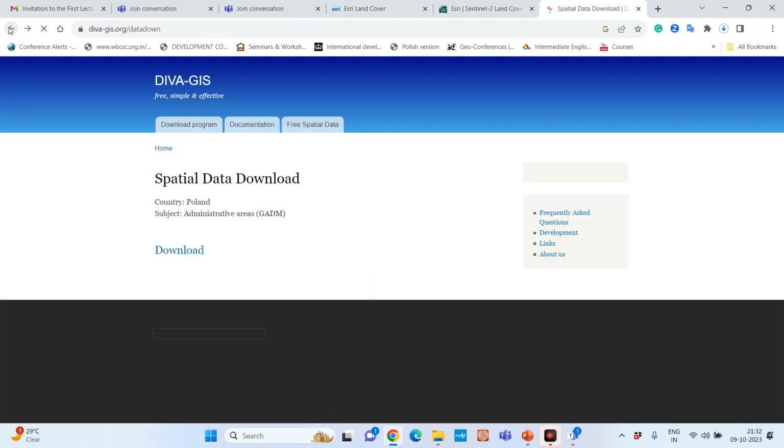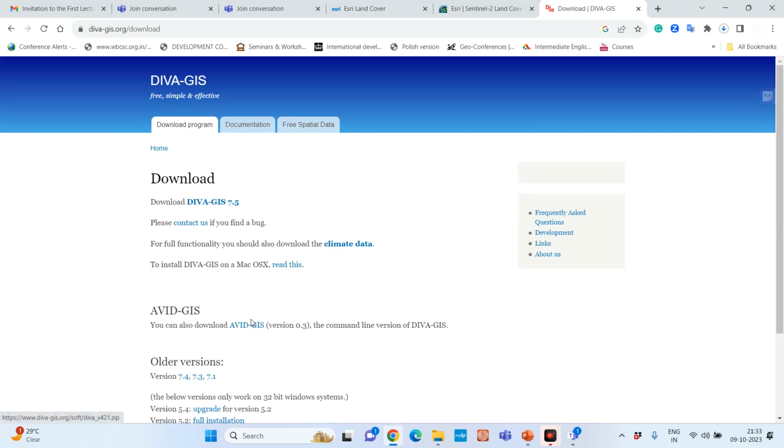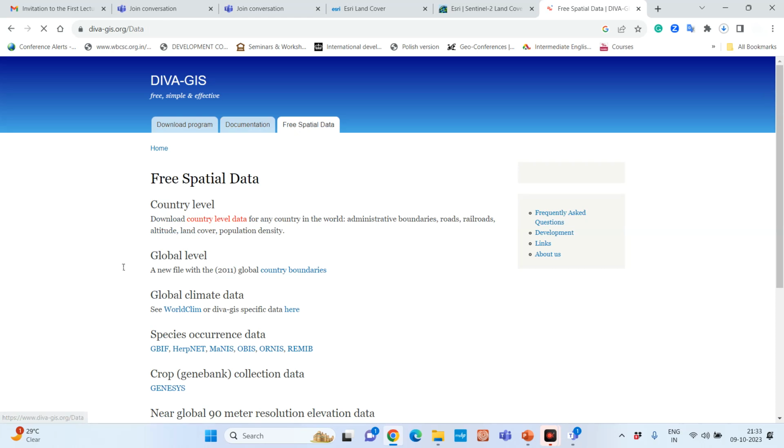And spatial data, administration data. Go to the country level, the country boundary or country level data. Anywhere you can get the data.